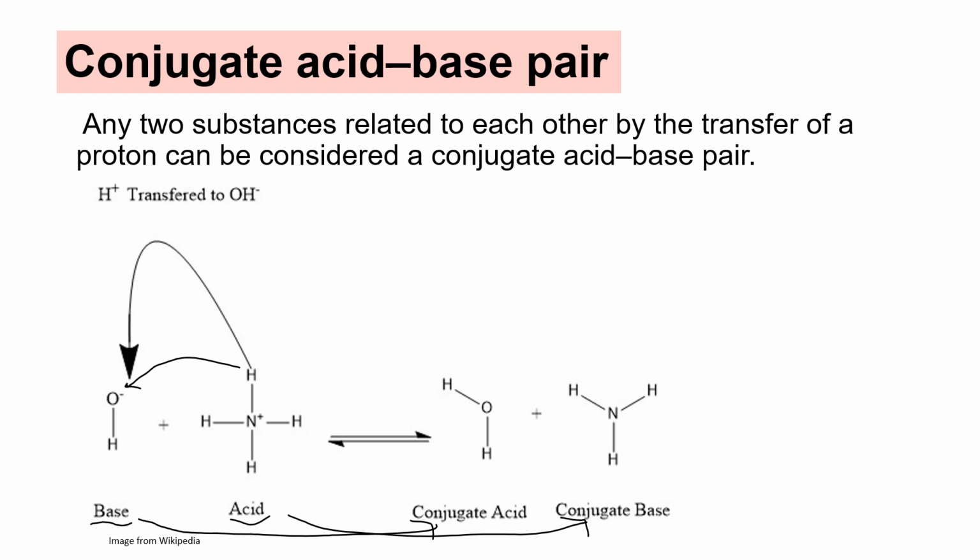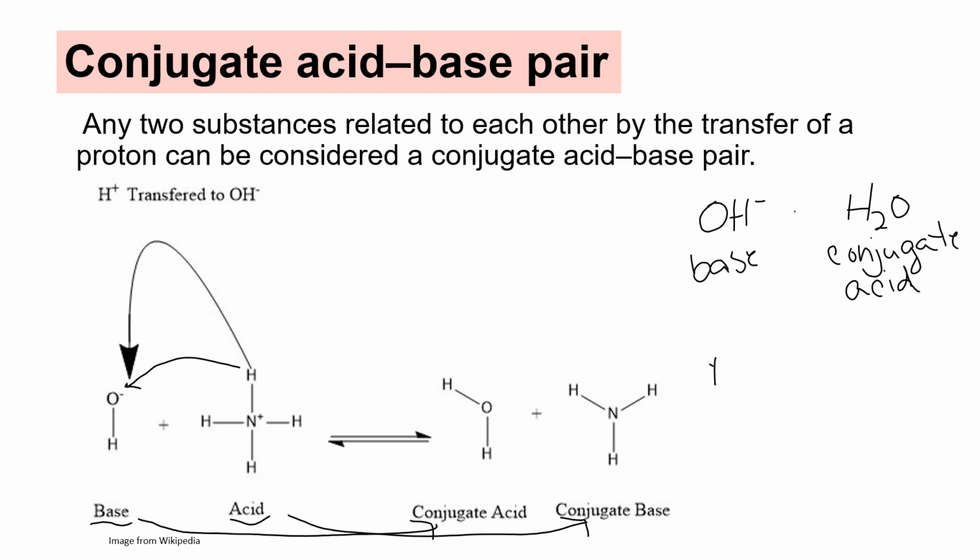So the pairs are, we have OH minus, and that becomes H2O. And this is the base, and this is the conjugate acid. And you may not really think of water as an acid, but it can give hydrogen to become OH minus.